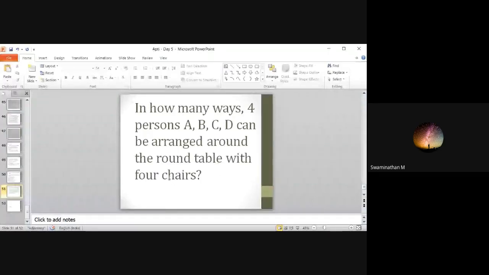So please understand the question. It is not a linear arrangement, it is a circular arrangement. For circular arrangement, it is n minus 1 factorial, it is not n factorial. So for 4 persons, 4 minus 1, 3 factorial is the answer.